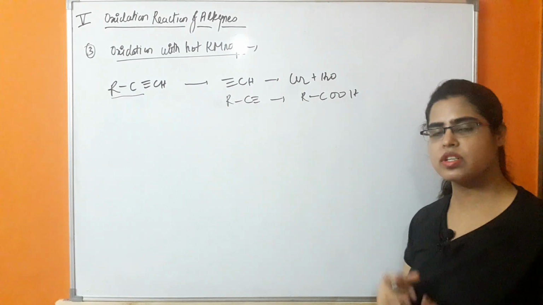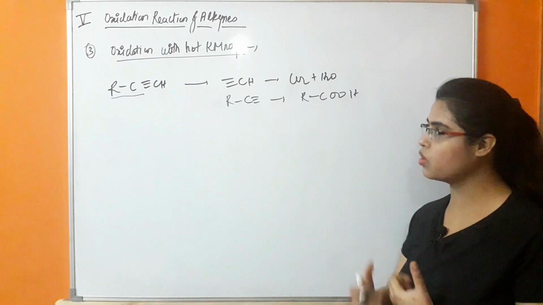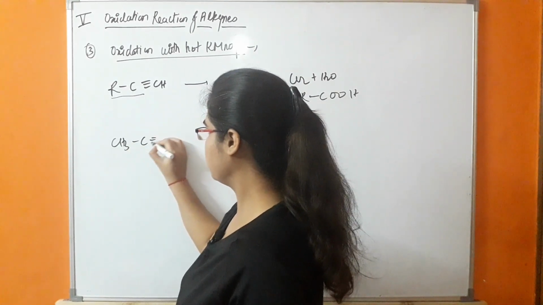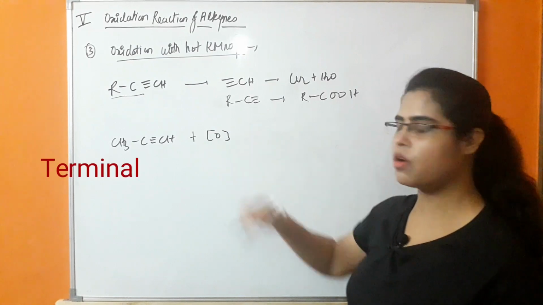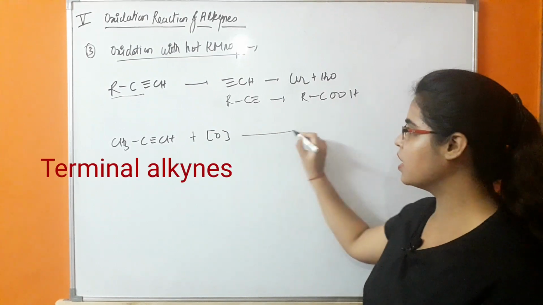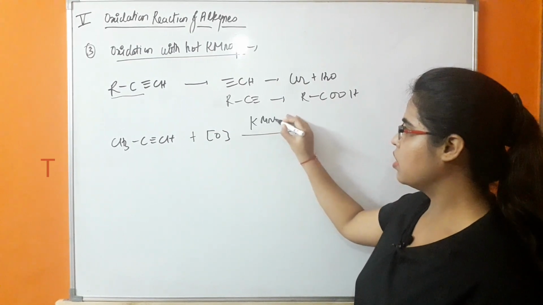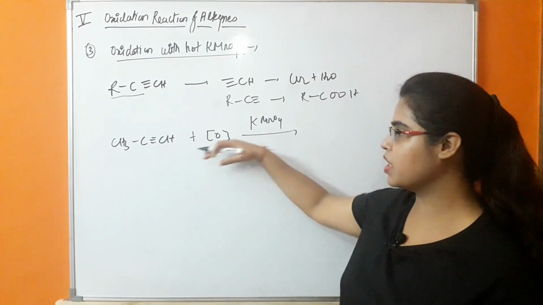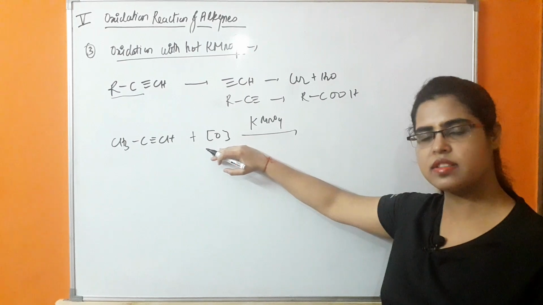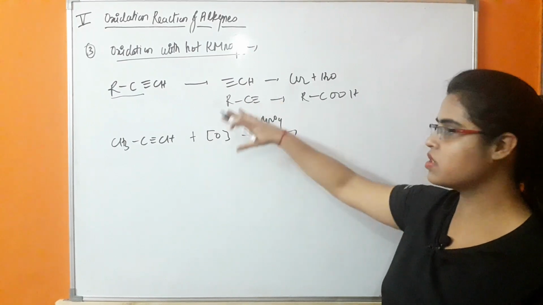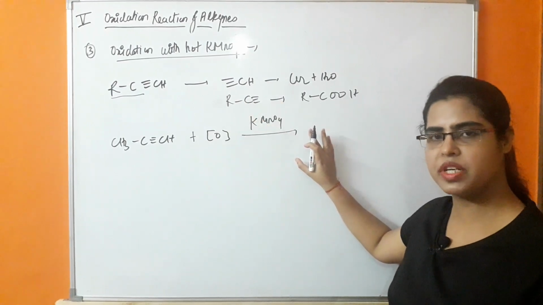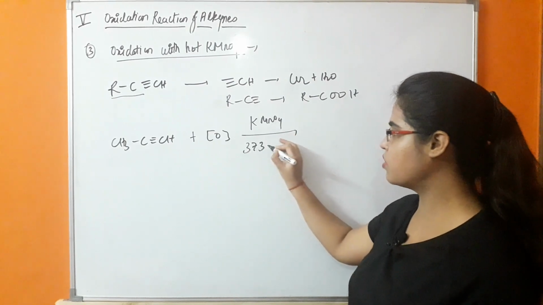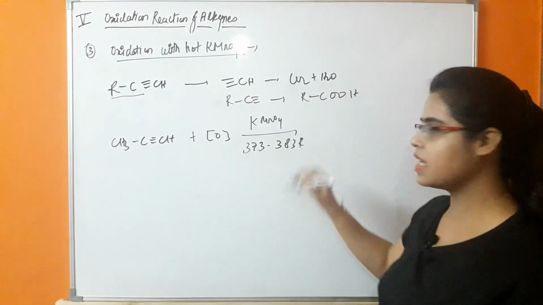So let's see the reaction in the case of terminal alkynes. So what is happening in this case? In the presence of nascent oxygen which is released by KMnO4. When this hot KMnO4 is reacting with water, there will be release of nascent oxygen. The temperature of this reaction mixture is high in comparison to cold dilute KMnO4, that is around 373 to 383 Kelvin.